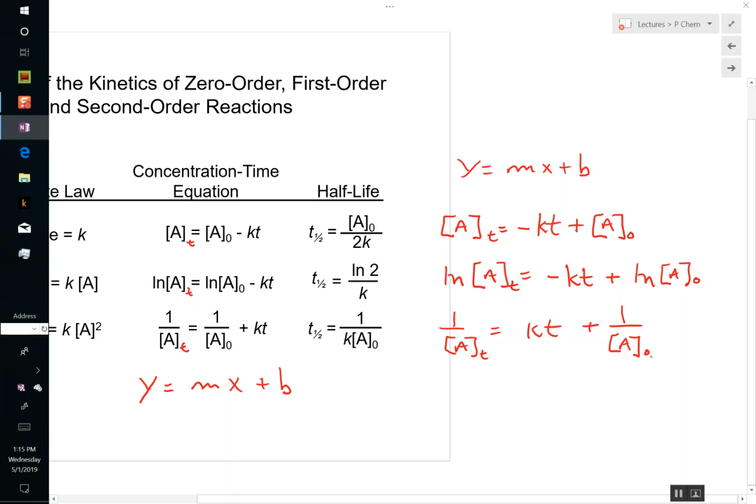All right? So here's your y equals mx plus b. Your m here is negative k. It's going to have a negative slope. t is x, and there's your b, that's your y-intercept, your initial concentration.